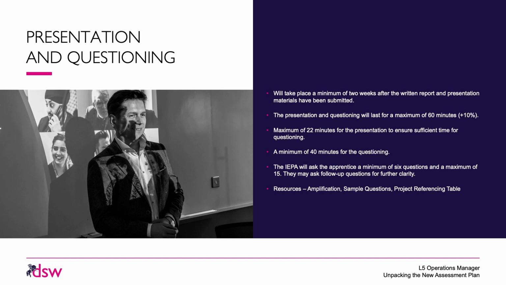For each core question the assessor asks, they have 2 follow-up questions they can use. Again, these questions are to probe for additional information, context, or evidence. Resources available: the amplification, the sample questions, and the project referencing table.